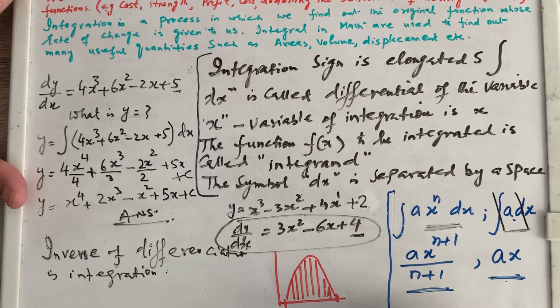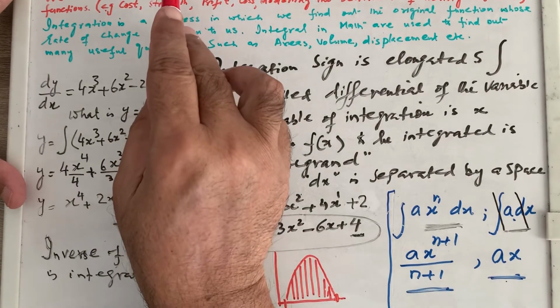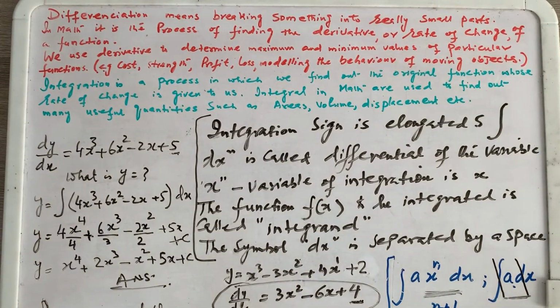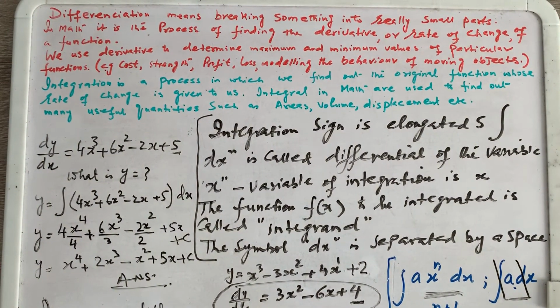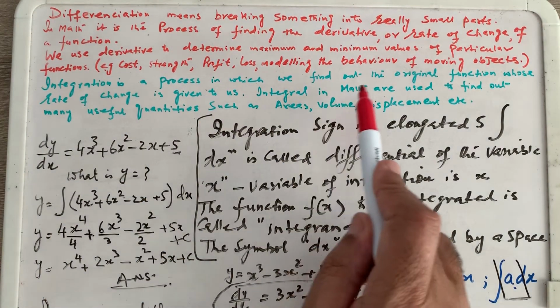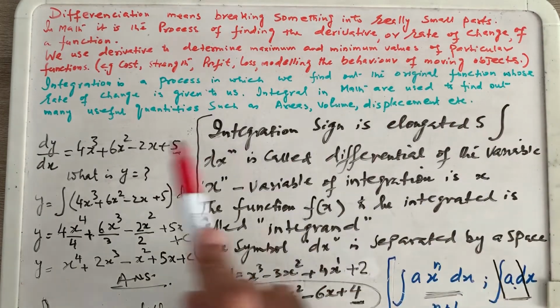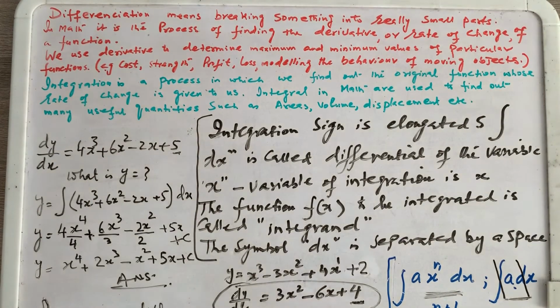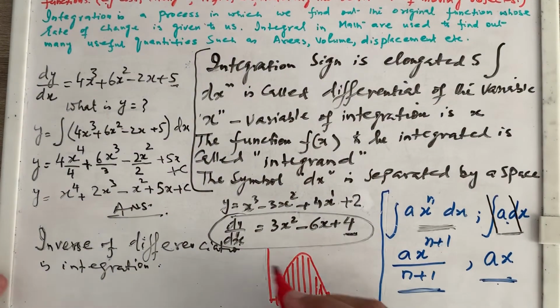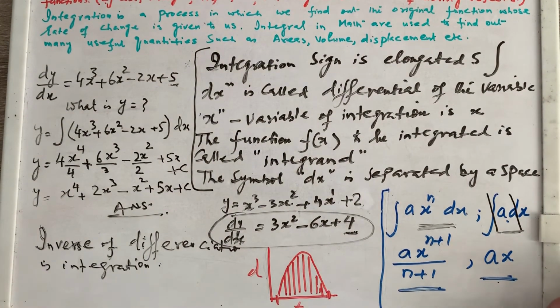So this is how we define differentiation: breaking something into really small parts. And what is integration? It is a process in which we find out the original function whose rate of change is given. Rate of change, right? This is your t, this is your d.